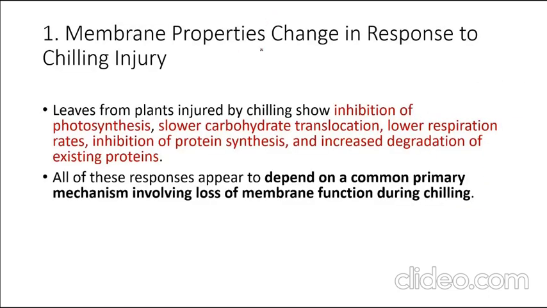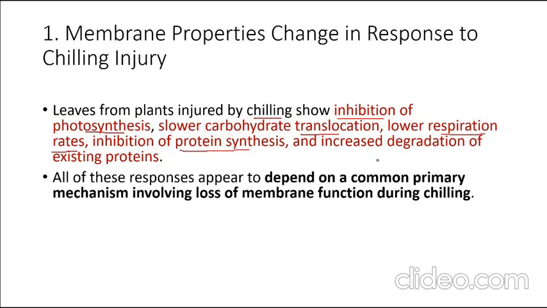Let's see. When the leaves are exposed to chilling stress, chilling injury occurs. During chilling injury, the plant shows inhibition of photosynthesis. Carbohydrate translocation rate is slowed down. Respiration rate is lowered.